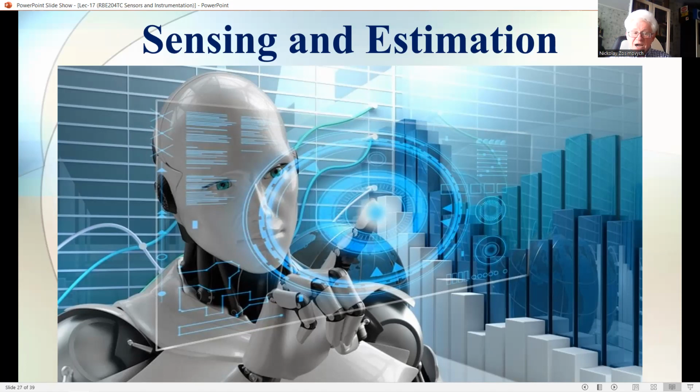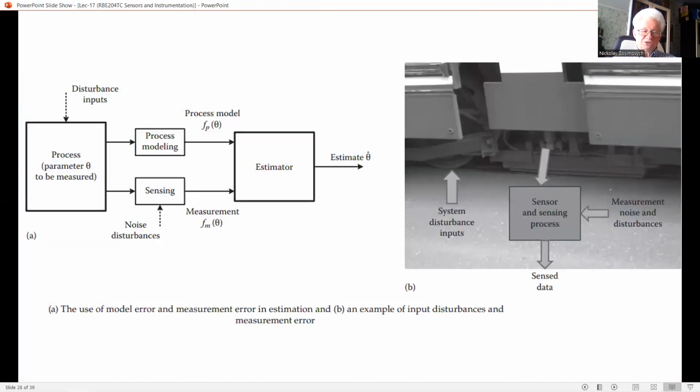It may be a varying parameter, like the resistance of a strain gauge as the temperature changes, or a process variable, like the velocity of a vehicle. The sensor measurement may not provide the true value of the required parameter or variable for two main reasons. First, what is measured may not be the required quantity and will have to be computed from the measured value using a suitable model.